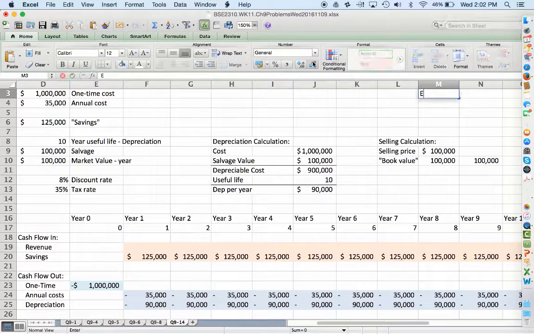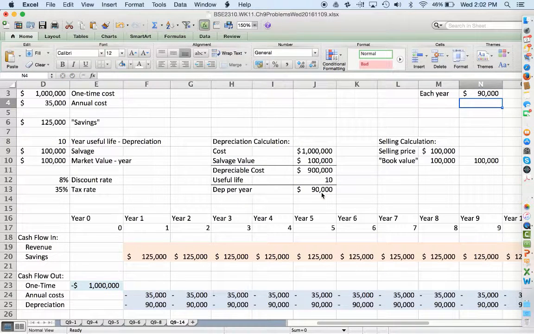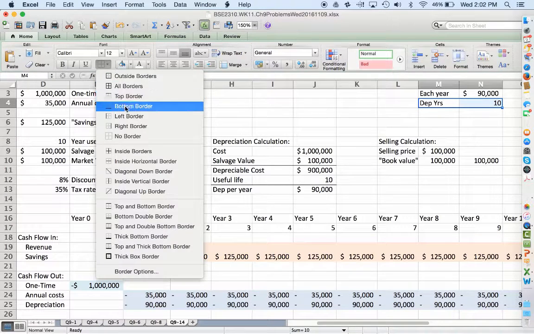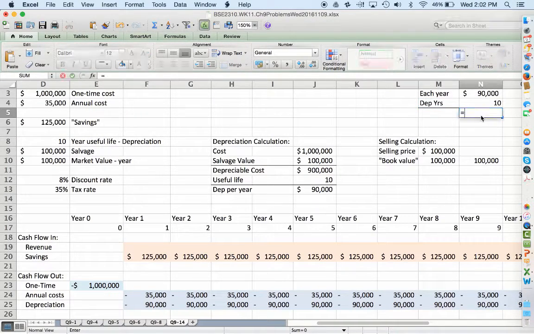We've depreciated it for 10 years. So 90 times 10 is 900. So we paid $1 million for it.